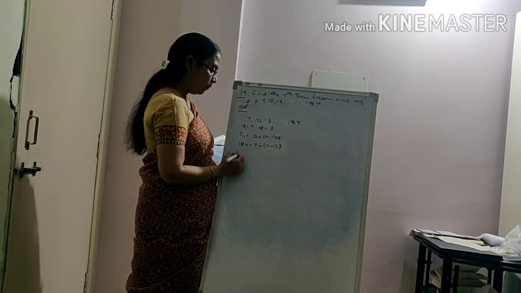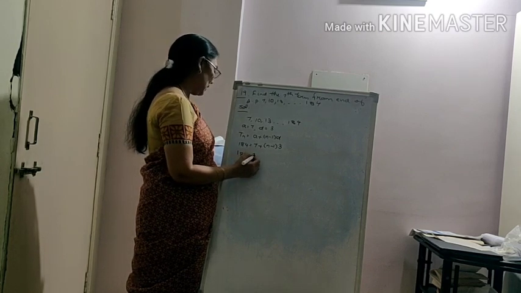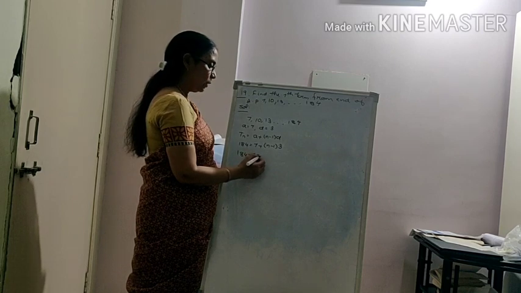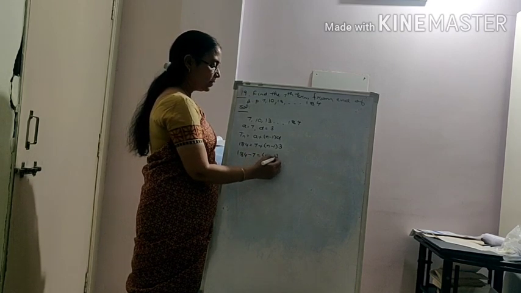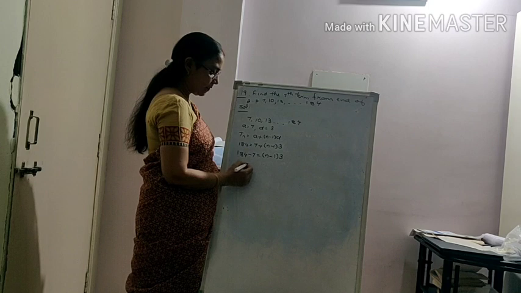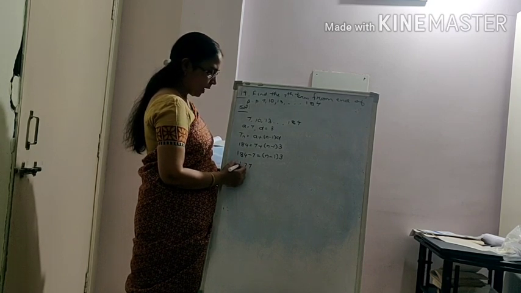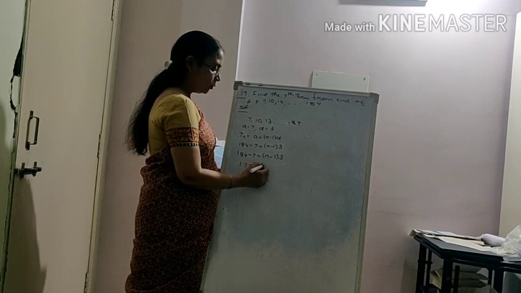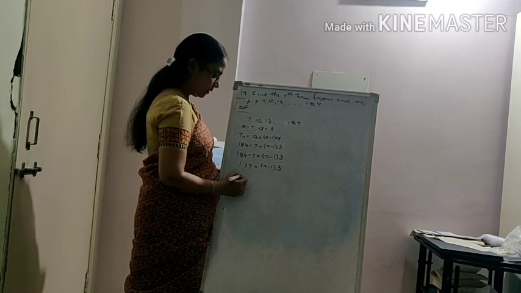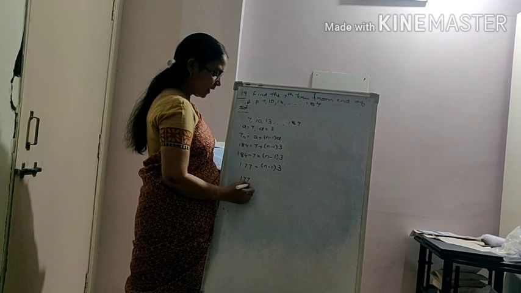Then 184 minus 7 is equal to n minus 1 into 3. 177 is equal to n minus 1 into 3. 177 divided by 3.